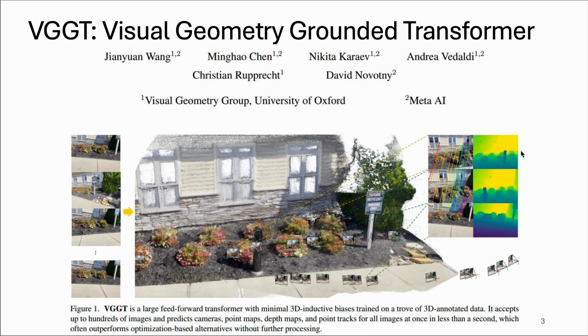And it also outputs point tracks, which means given a list of these images, if a query point is provided, the algorithm can output the corresponding point of this query point throughout all of the images in the sequence.